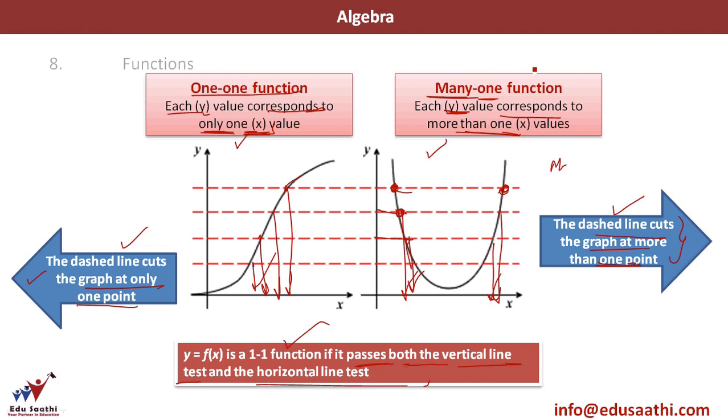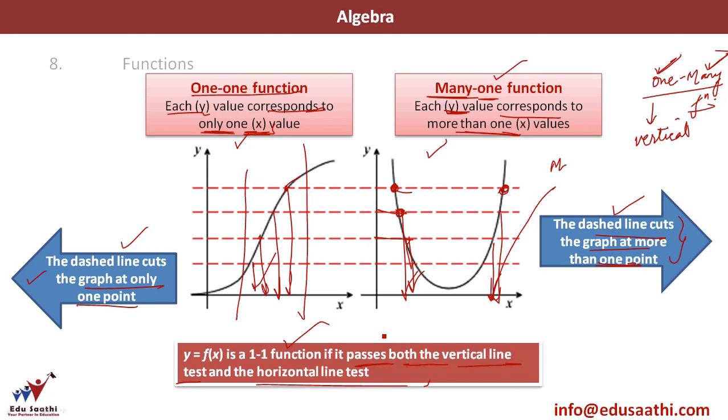The horizontal line test is for a many-one function and the vertical line test is for a one-to-many function. If I have many values of output for a single value of input, it will be a one-many function which will not pass the vertical line test. So for a 1-1 function, both the horizontal line and the vertical line tests are passed.